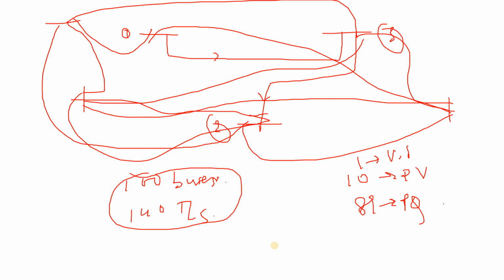So they generate apparent power. Among the 89 buses, there are cases where 32 buses require a reactive power compensating device. Suppose they require a capacitor bank.